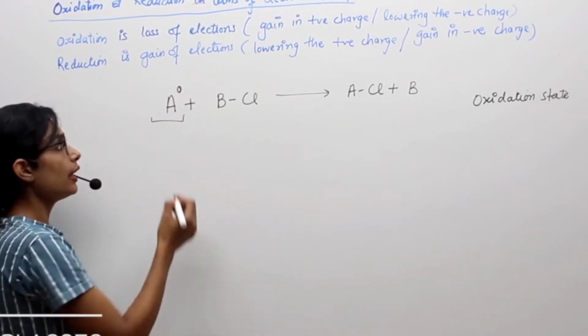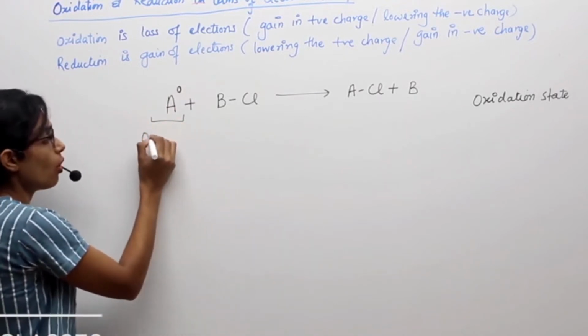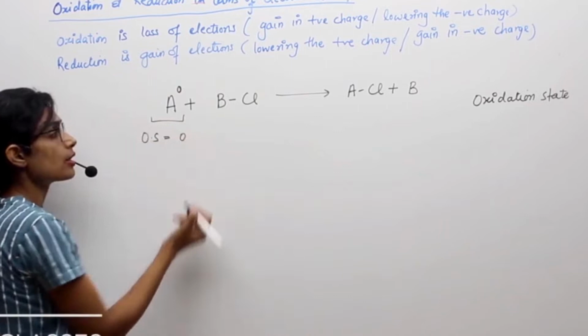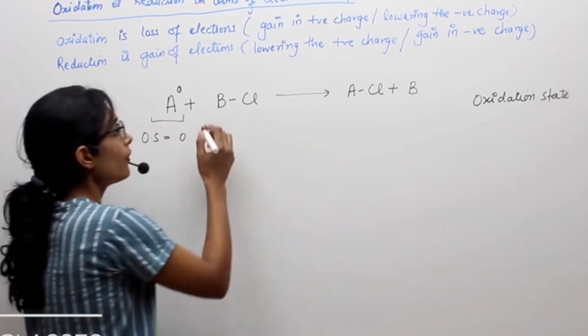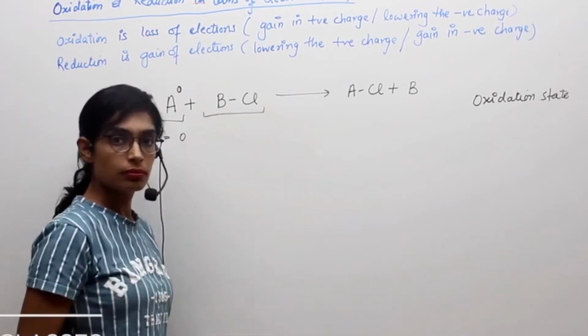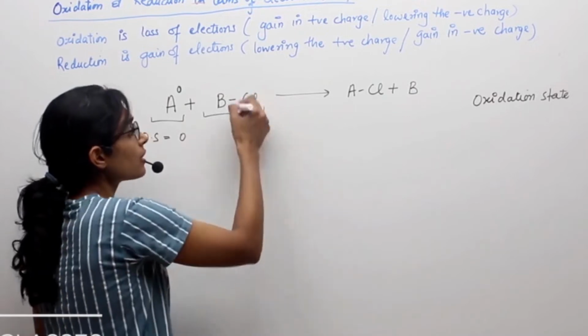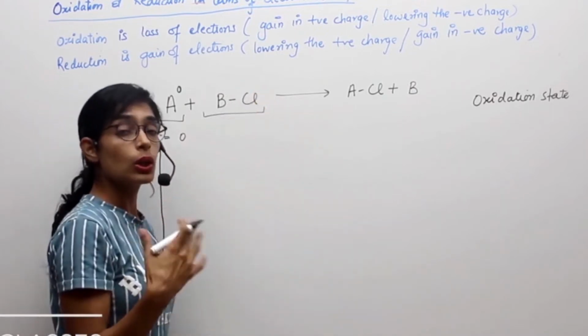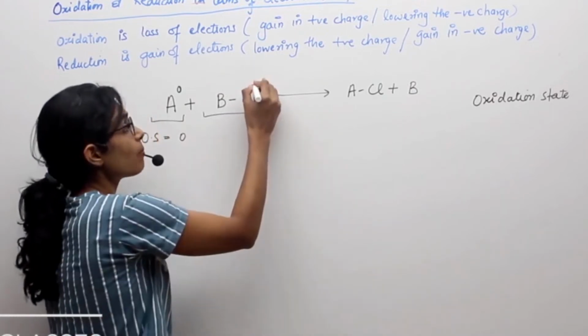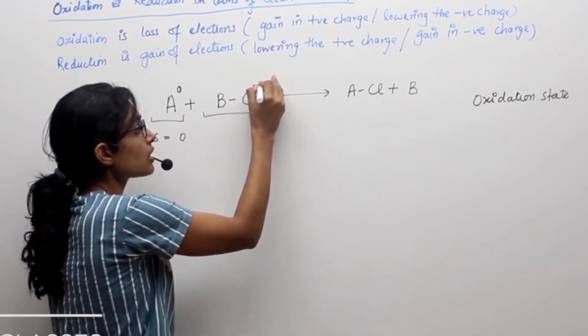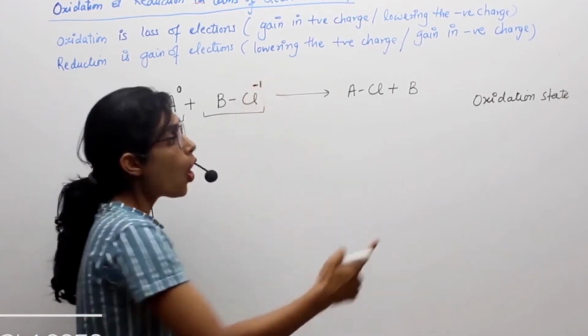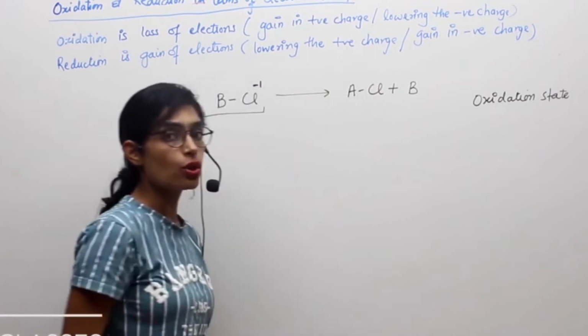So I can say that the oxidation state of A is 0. Whereas if I talk about BCl, chlorine's valency, all of us know what chlorine exhibits. Chlorine exhibits -1, so we will assume it exhibits -1 valency or -1 oxidation state over here.